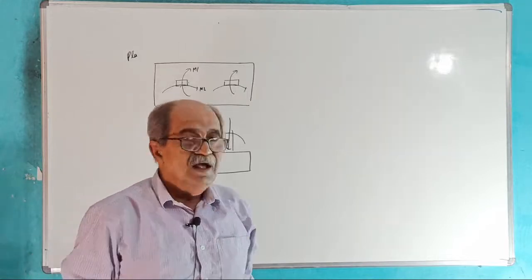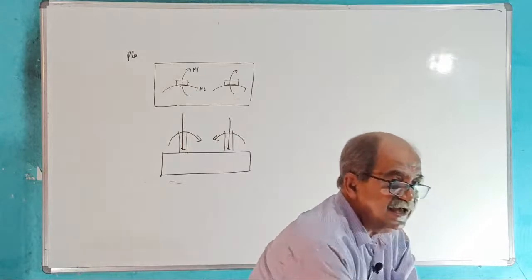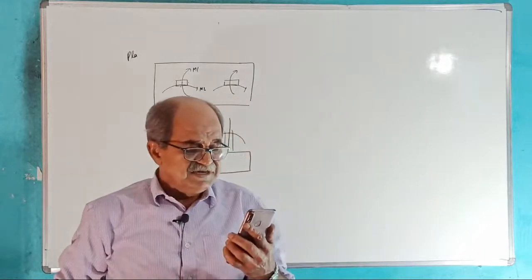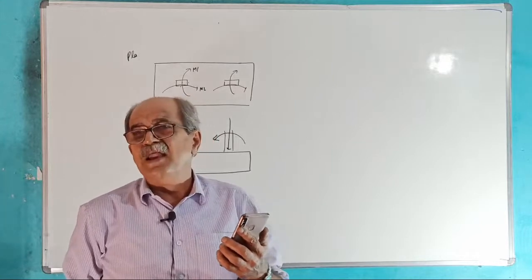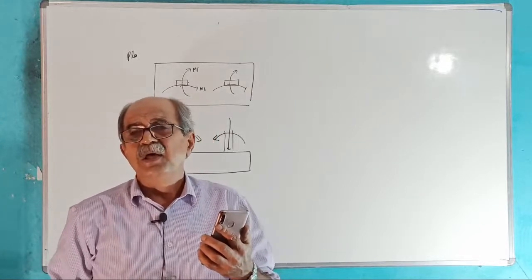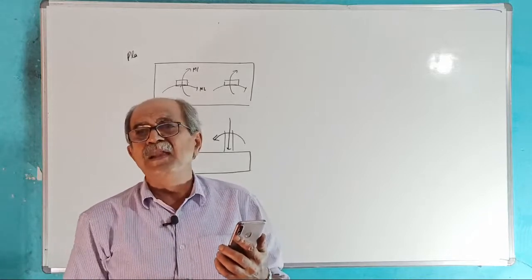Tell me, those who are attending RCC class and ETAP class, clear or not? Pressure variation is plus or minus M1 by Z1, plus or minus M2 by Z2, with the starting term 1.1 P by A for gross pressure, and only P by A for net pressure.